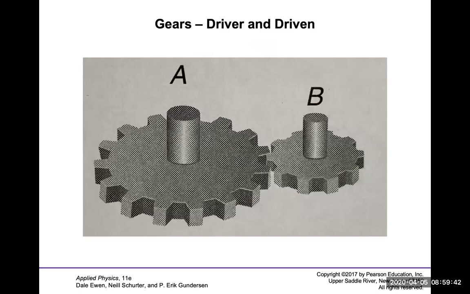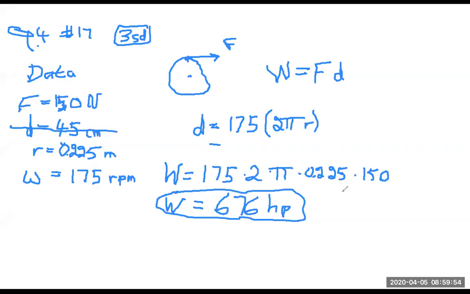But I should go back and talk about the important equation from number 9.5. So let's hop back to the whiteboard and let's get a fresh page. And now we're talking about drivers and driven.